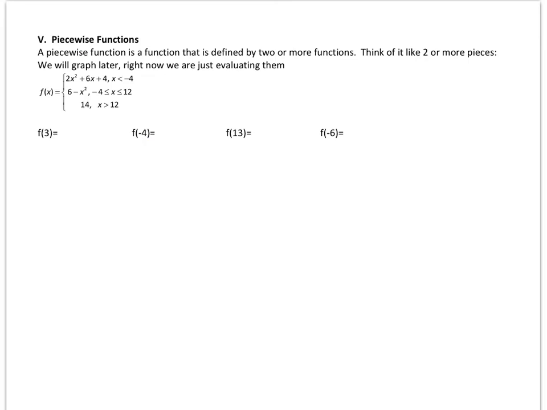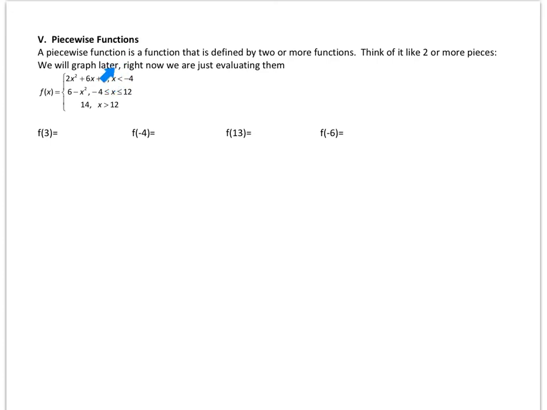Okay, last part of section 1.1 is piecewise functions. A piecewise function is a function that is defined by 2 or more functions. Think of it like 2 or more pieces. We'll graph it later, so right now we're just going to learn to evaluate them. So if I look at my function up here, it shows that I have the function 2x squared plus 6x when my x is less than negative 4.